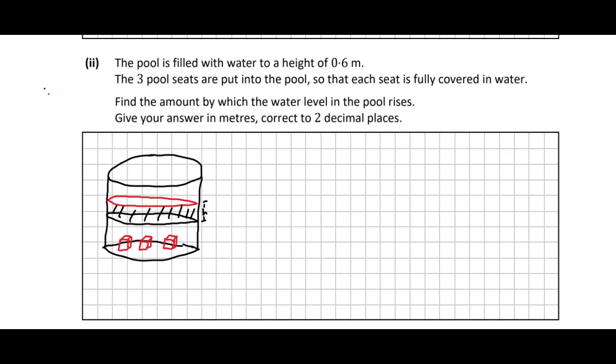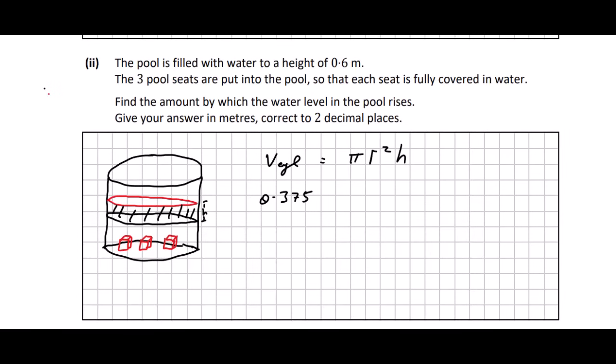Now, the shape of the water that I've just shaded in here is a cylinder. So really we're looking for the volume of a cylinder again. And we know that that's pi r squared h. Now we know the volume of our 3 seats. We know the volume of the 3 seats is 0.375 cubic meters.